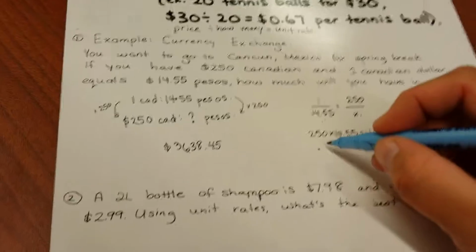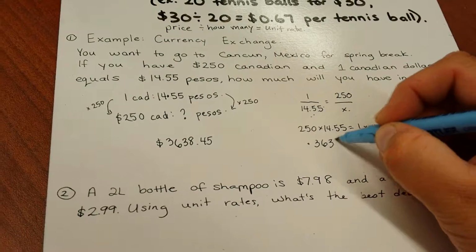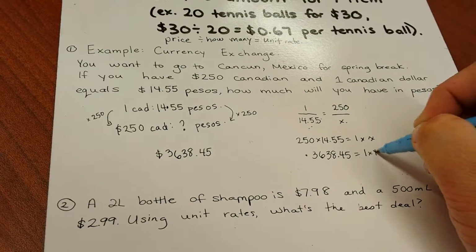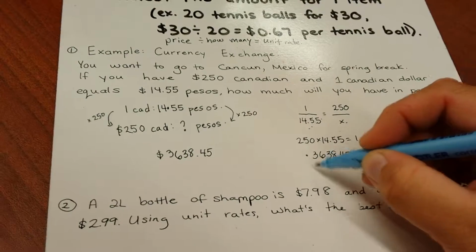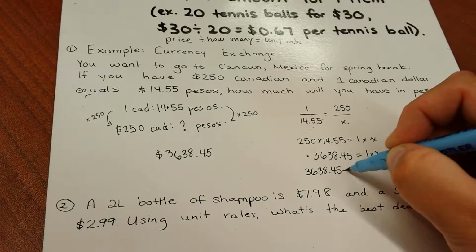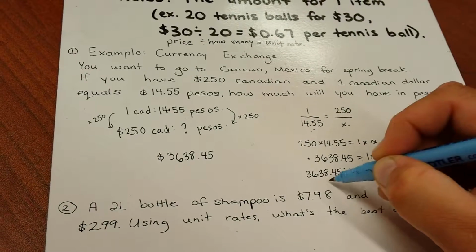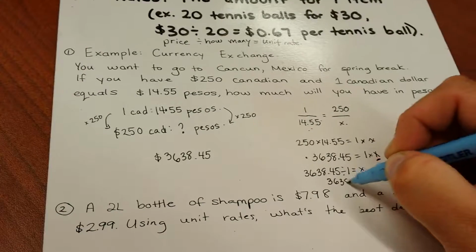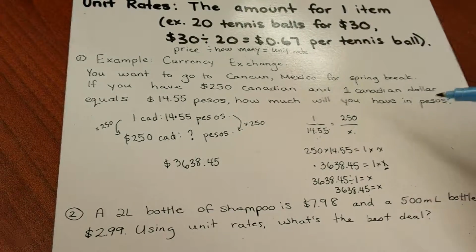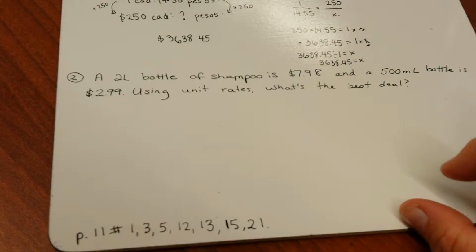So these two times together is 3,638.45, equals 1 times x, and now we want x by itself, so we move the 1, we divide by 1. 3,638.45 divided by 1 equals x, and then that's the same answer. You don't need to divide by 1 if you know that well, but if you want to just follow the format because it helps you, that would be great. Okay, so that's how you do unit conversion.